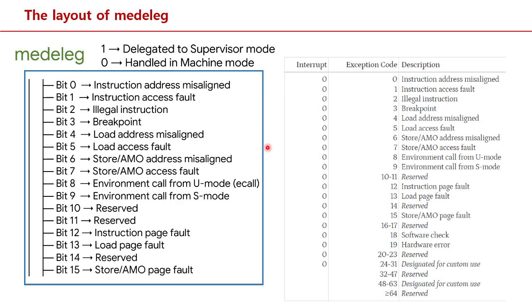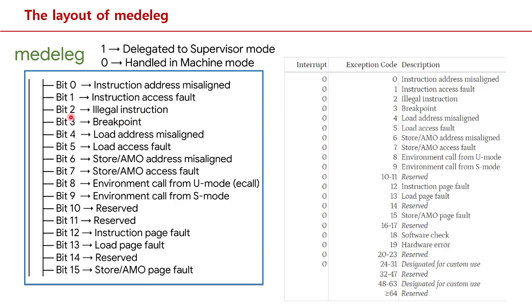The important point is that the bit position of the machine exception delegation register corresponds to the value of the exception code. The important thing you need to understand is that if you turn on each bit flag, then that specific type of exception will be delegated to supervisor mode.